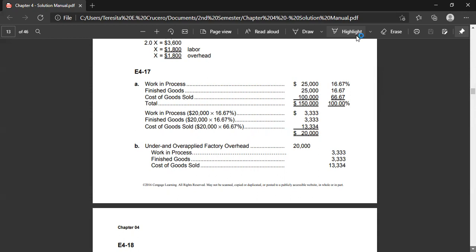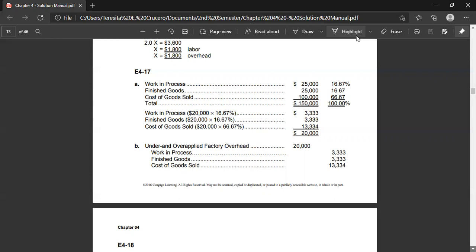The other option is to close the amount of the under applied or over applied factory overhead to the three accounts: work in process, finished goods, and cost of goods sold. So you have to prorate in accordance with the balances. That's why your work in process is given a rate of 16.67%, the same with finished goods, and a higher rate for cost of goods sold.